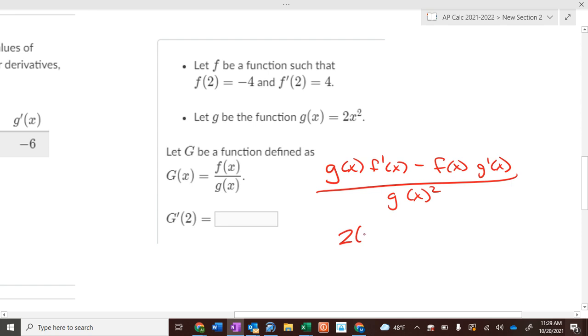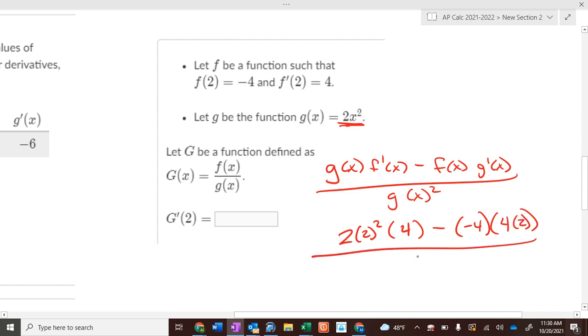It's 2 times 2 squared, because we're working with a 2. f prime of x at 2 is 4, because I kind of covered that prime up. Minus, what's f of x? Negative 4. And g prime of x, well, what's the first derivative of this? 4x. So it's 4 times 2, because the x is 2, over g of x squared.